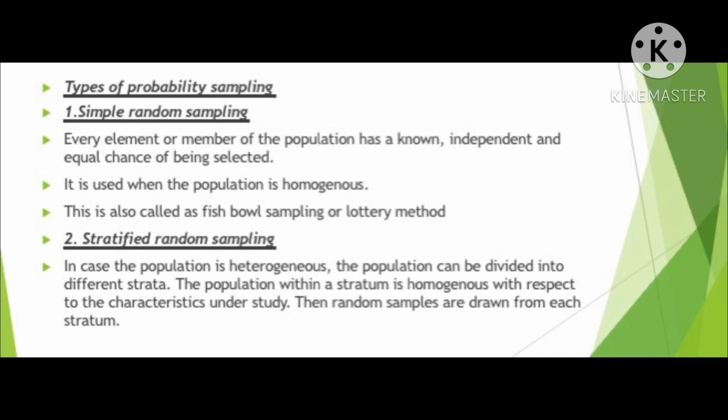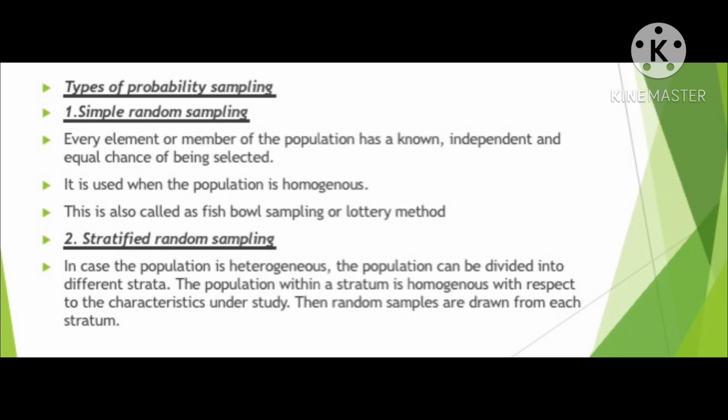In that area there are many adult male, adult female, adolescent children and at the same time small children. So first of all we have to divide the entire population into adult male, then adult female, adolescent boys, adolescent girls and small children. Then small children again we can divide into boys and girls.